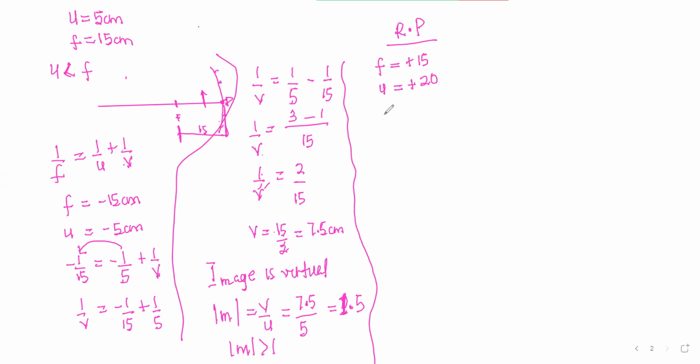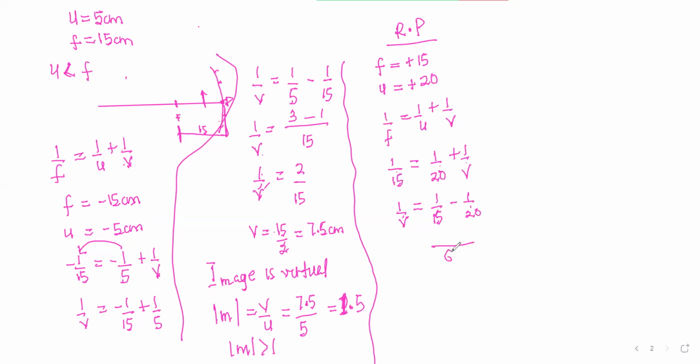Therefore, 1 over F is equal to 1 over U plus 1 over V. 1 over 15 is equal to 1 over 20 plus 1 over V. Therefore, 1 over V is 1 over 15 minus 1 over 20.